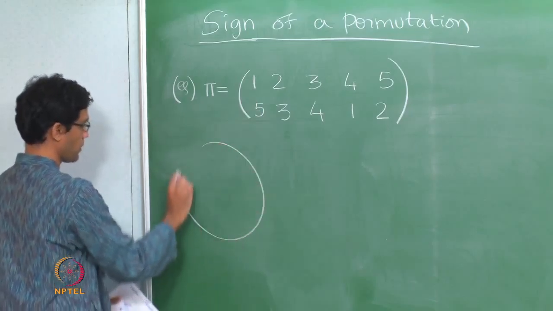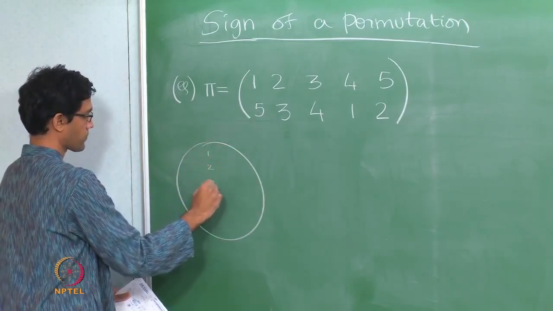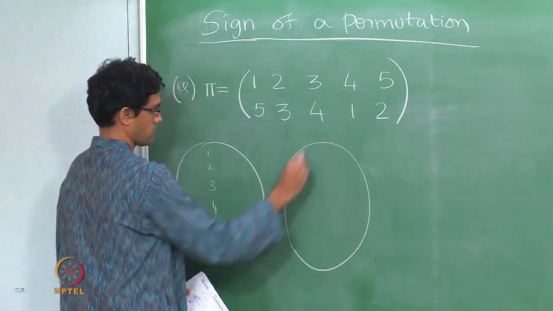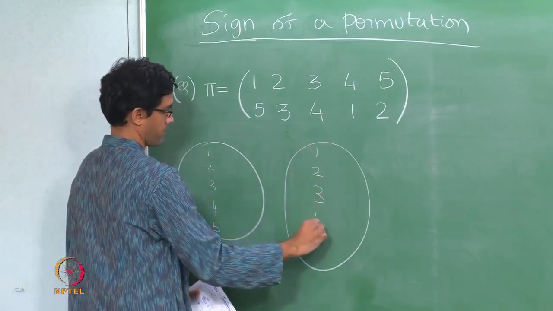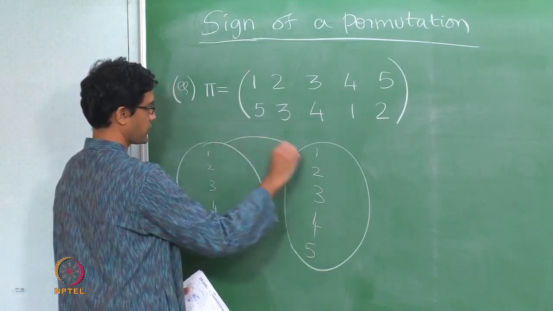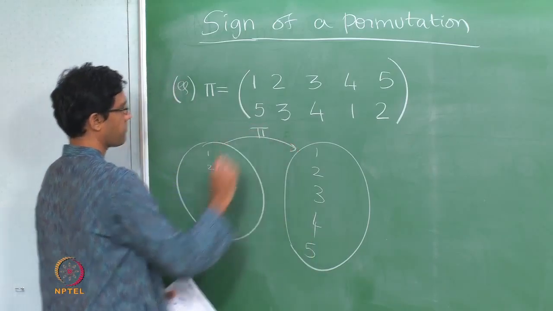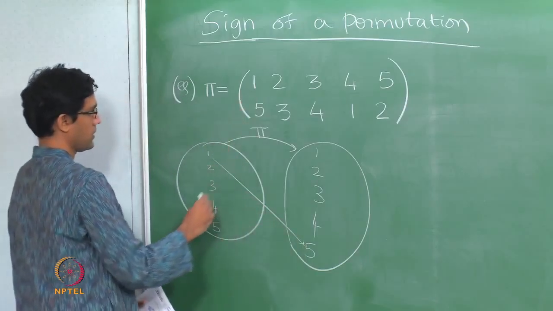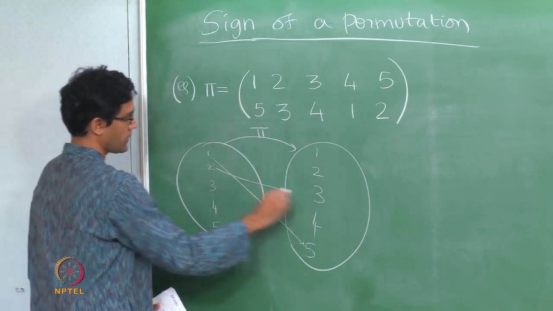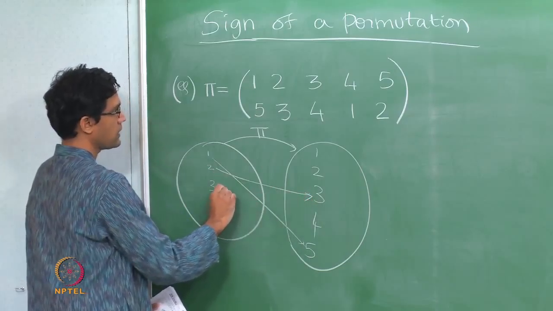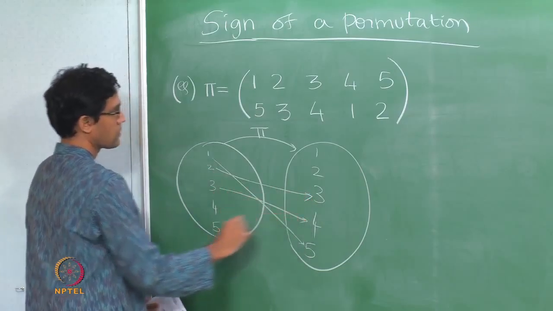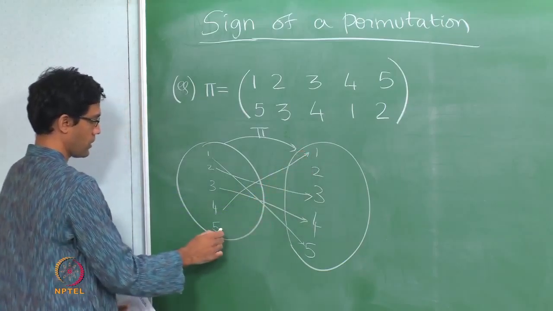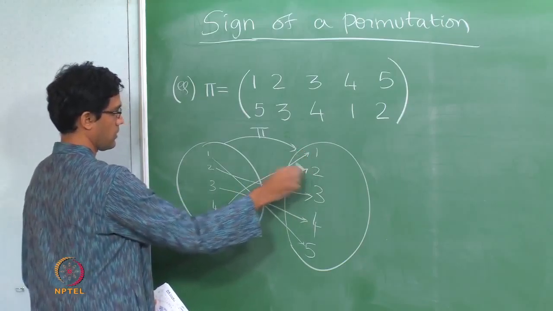Recall the function way of thinking about it. This function is usually also denoted by the same letter pi. So 1 goes to 5, pi of 2 is 3 and so on, pi of 3 is 4, pi of 4 is 1 and pi of 5 is 2.